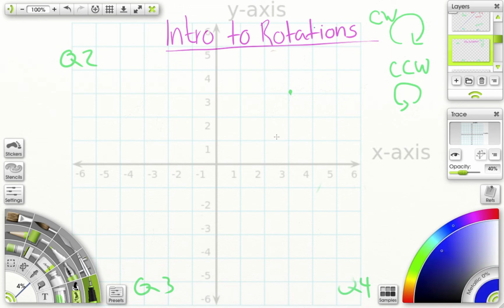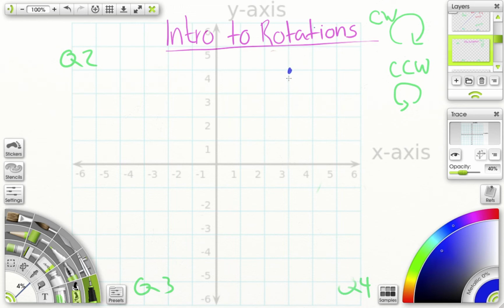So let's start off with something in this quadrant because it's the easiest way to show you when you're just starting out and you're just getting used to doing rotation. So I know you guys did this a little bit last year, so today is going to be a bit of a refresher for those of you who remember. So let's say I have A. I go 3, 4.